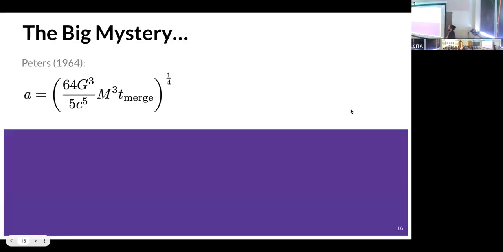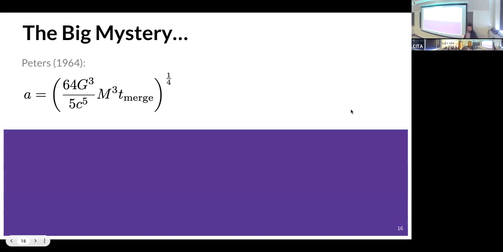Well, we can ask ourselves, how far apart do these black holes, or neutron stars, whatever they are, have to be for them to be able to merge within one Hubble time? So we can do that calculation. Here I've written the equation for the separation as a function of the merger time and the mass.